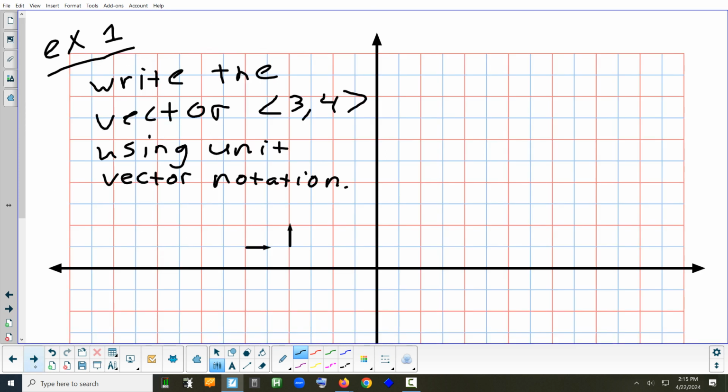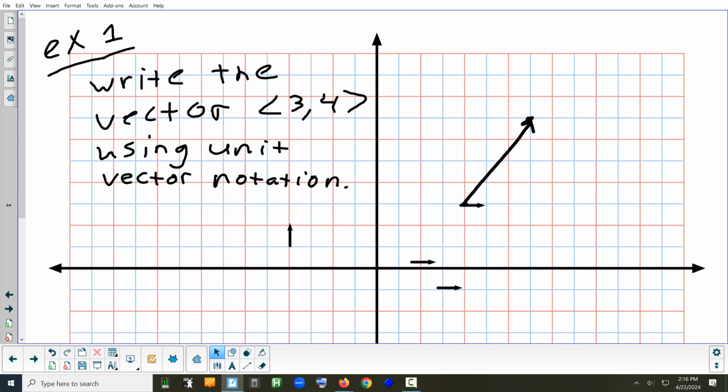Okay, let's build the vector 3, 4 using unit vectors. Doesn't matter where you start. We're just going to go from the starting point over 3 to the right. 1, 2, 3, 4. So now let's build that vector stacking together I's and J's. Here's I. How many of those I's would I need to stack together starting here to get me lined up with the terminal point? Yep, I'm going to need 3 of them. So I'll make 3 copies of that.